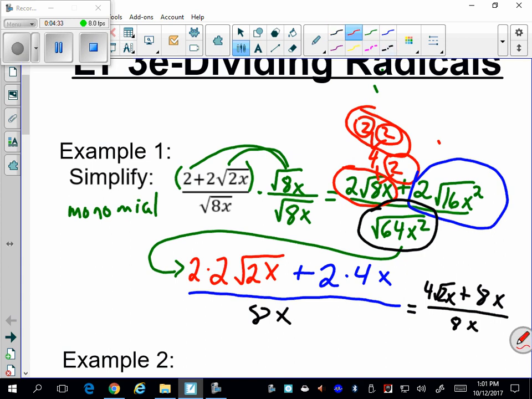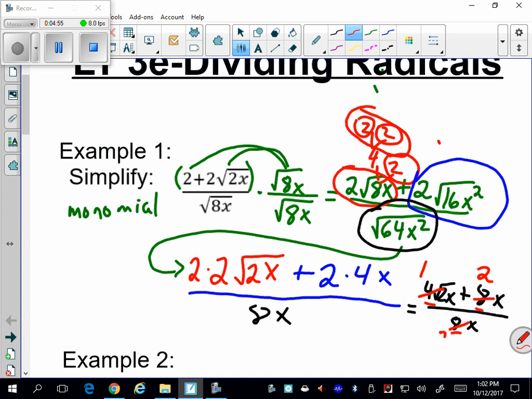Each one of the terms you can actually simplify. Look at the coefficients, 4, 8, and 8. All are divisible by the same number. They're all divisible by 4, so you can simplify. 4 divided by 4 is 1, 8 divided by 4 is 2, and 8 divided by 4 is 2.